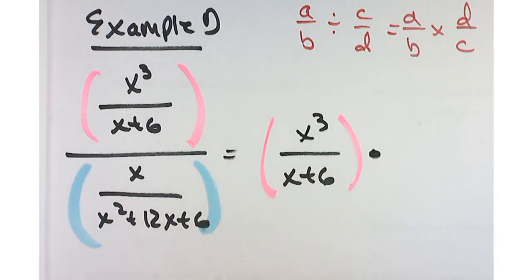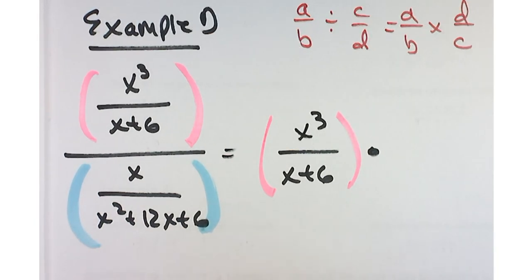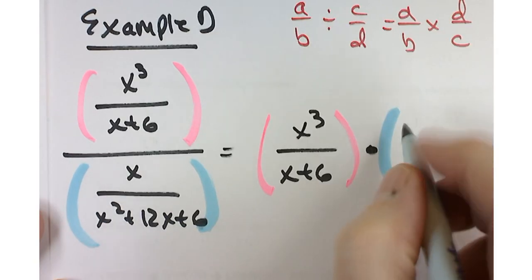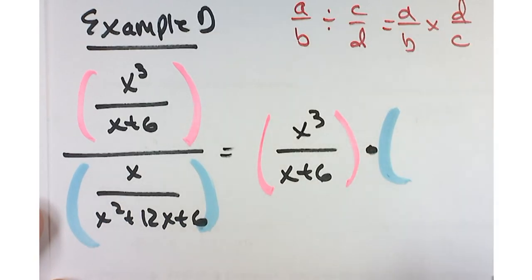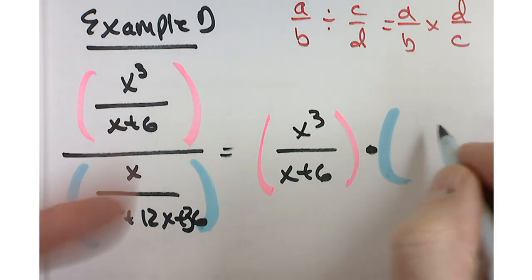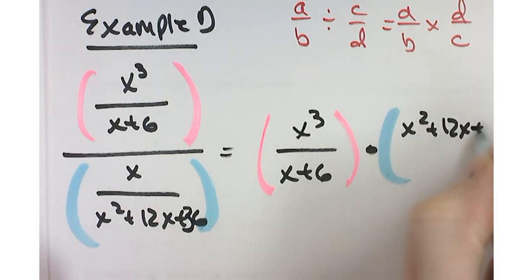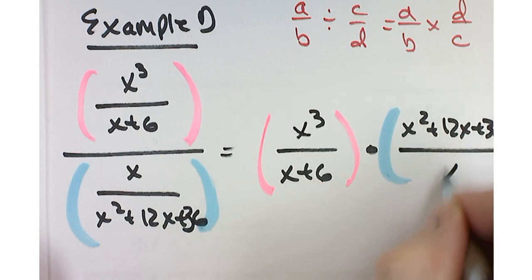Times the reciprocal of this one, which is, the bottom one is 36 instead of 6, like the last one. Thank you. So the reciprocal is going to be x squared plus 12x plus 36 over x.